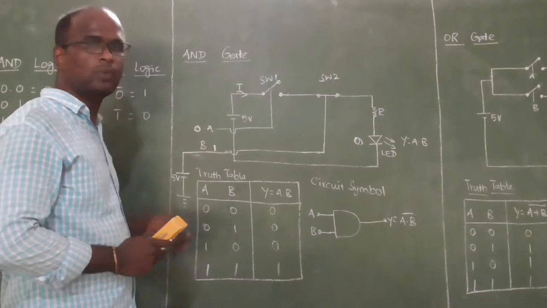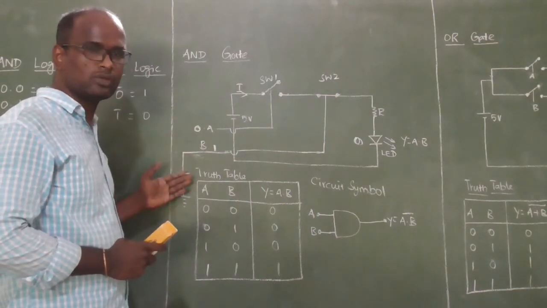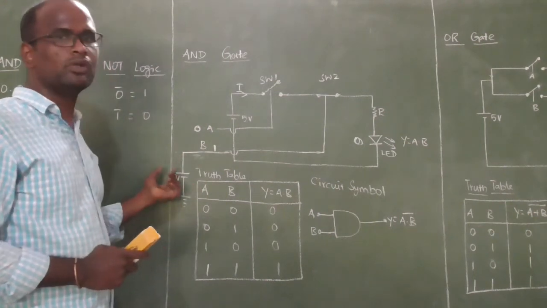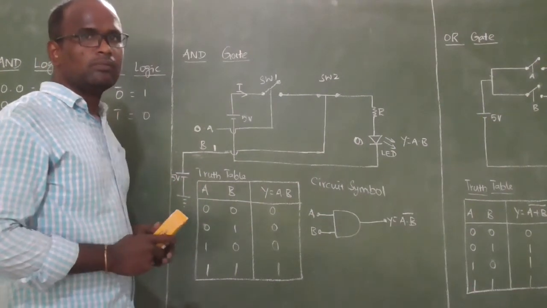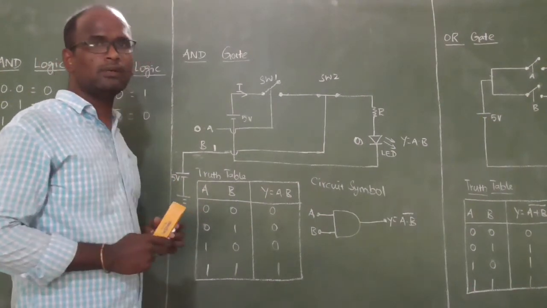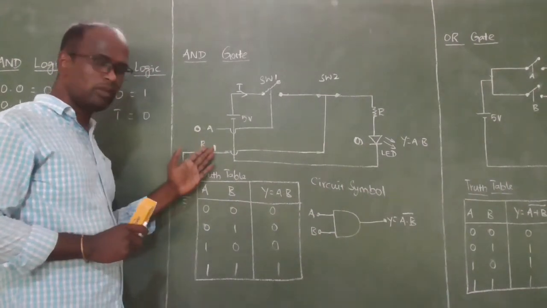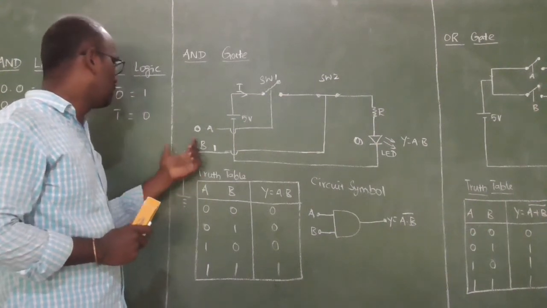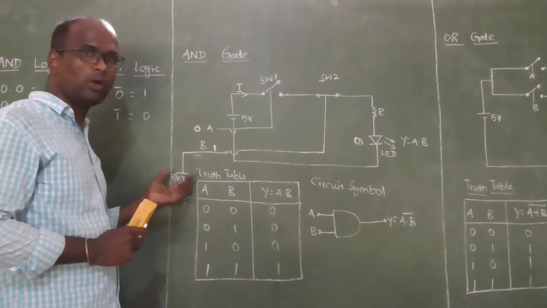Logic 1 means the current is driven from a voltage source battery. It may be 3 volt or 5 volt or 6 volt, whatever it is. But here we should not misunderstand that to apply logic 1 we have to apply 1 volt only.